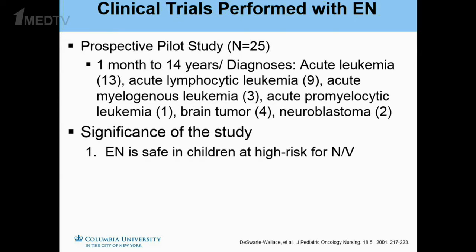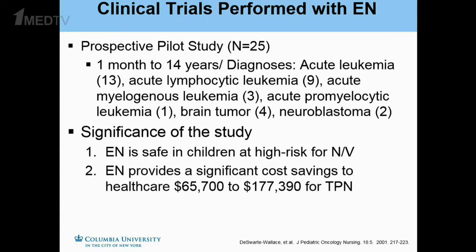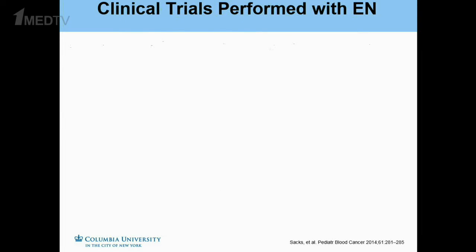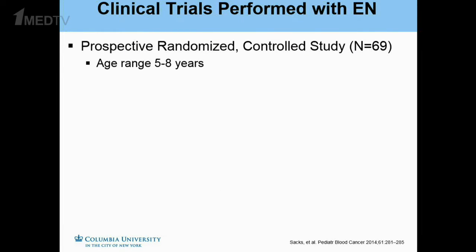What they found was that enteral feeding is safe in children at high risk for nausea and vomiting. They also found a significant cost savings. Now this number is US costs between TPN and enteral feeding, but really there was a significant cost savings to the institution.